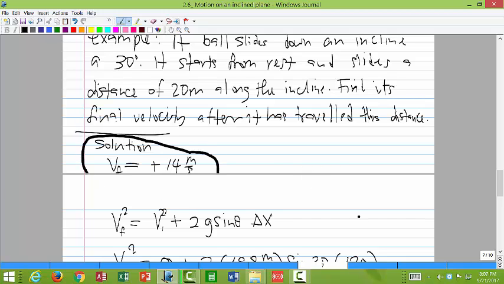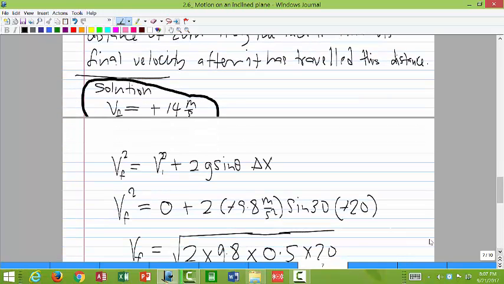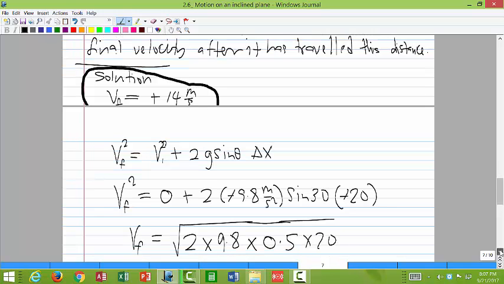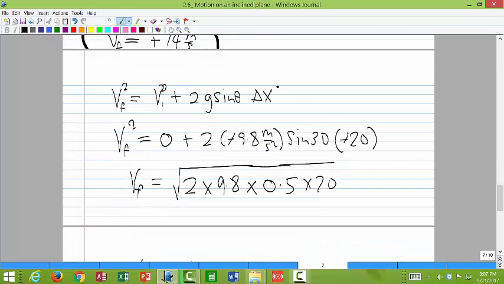You said V final was 14 meters per second down the ramp, so we can check it next to see what it is. Since we don't have the time it takes to slide down the ramp, we know delta x is 20 meters, so we can use our delta x in this formula here. We replace the parallel acceleration down the ramp with g sine theta.